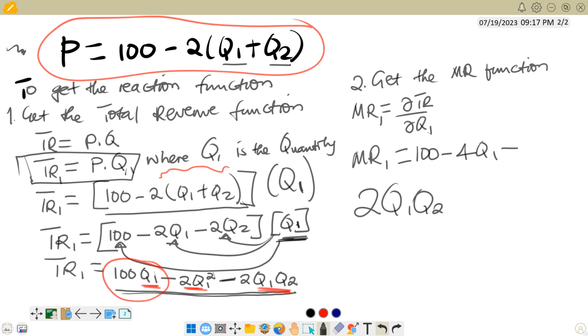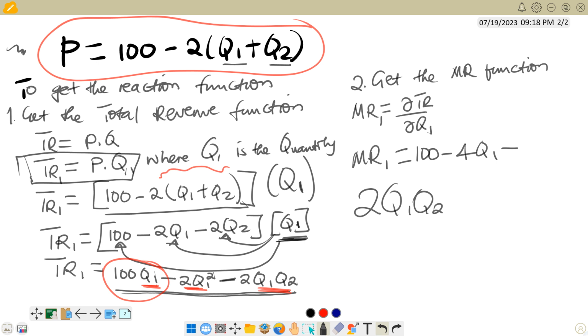Here, Q1 and Q2 are more like linked, because this whole expression is multiplicative. The way we handle such is, yes, we differentiate this term with respect to Q1, but since Q1 and Q2 are linked, because this is multiplicative in nature, we'll have to put back Q2. In short, we are not going to completely get rid of Q2. We'll have to put it back in our final answer.